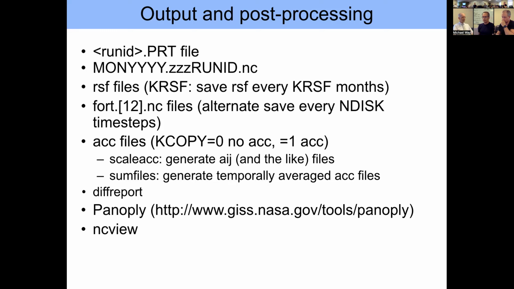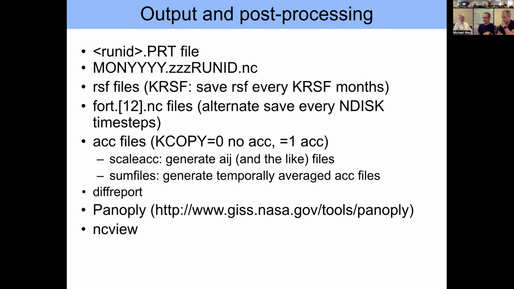All of the model output that is actually useful for analysis, assuming the model is running fine, is the ACC file. Going back to bullet number 2, replace the ZZZ with ACC, that's your file. ACC stands for accumulation. The model accumulates diagnostics; it does not calculate means as it goes.